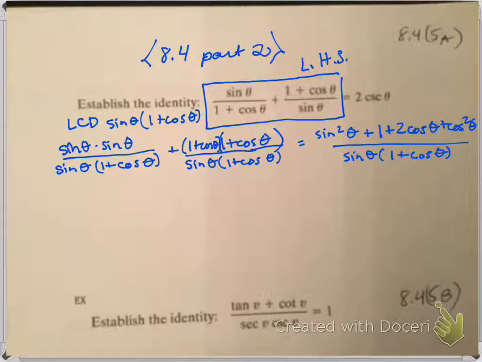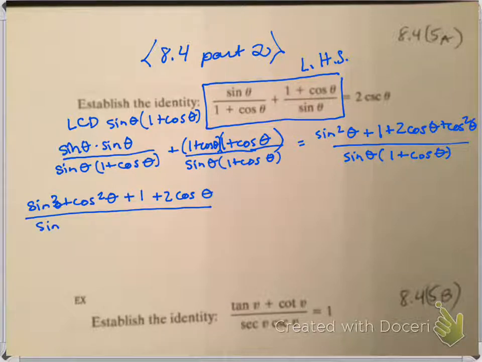Okay, now if I rearrange this, I can get sine squared theta plus cosine squared theta together. And then I'm going to put plus 1 plus 2 cosine theta, all over sine theta times 1 plus cosine theta. Okay, sine squared theta plus cosine squared theta, that's Pythagorean identity. Pythagorean identity is sine squared theta plus cosine squared theta equals 1.